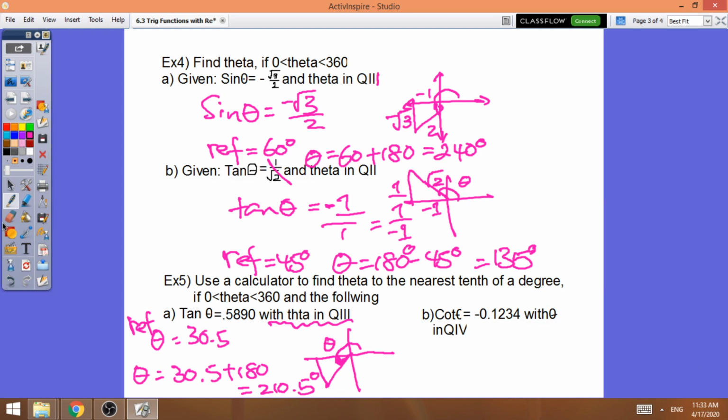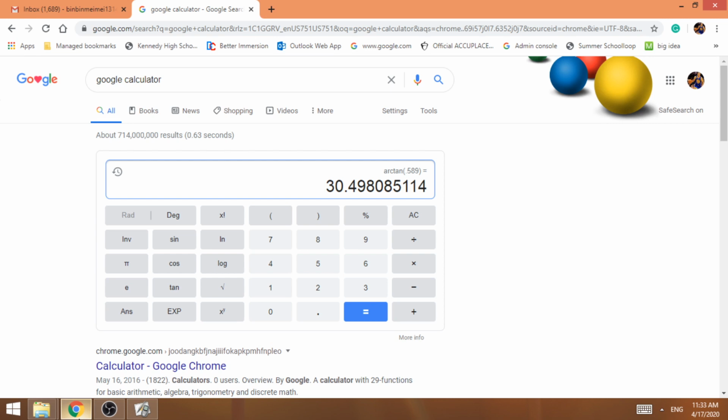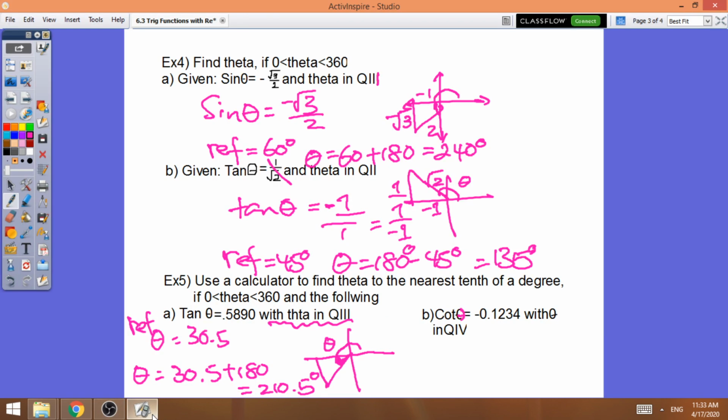Okay, let me just rewrite this. Looks like it's being a little bit cut off there. So cotangent of theta is negative 0.1234, and theta is in quadrant 4. So let's take the inverse of the ratio of cotangent of negative 0.1234. Now, for those you might be wondering, how do I put in the inverse of cotangent?